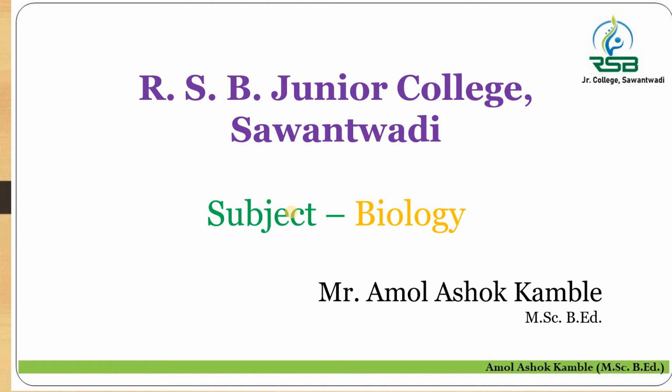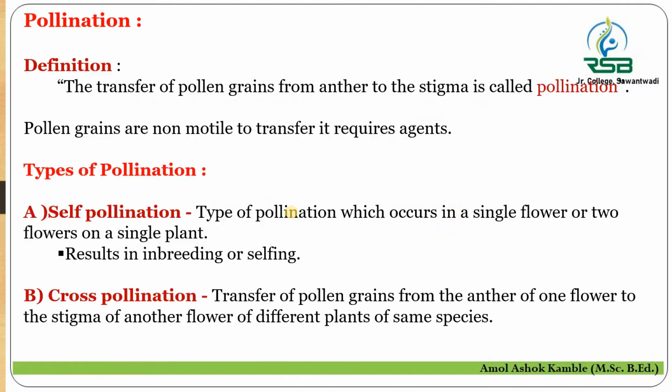These two aspects are very significant to know the process of pollination, because if we consider the definition, two parts are involved, that is the pollen grain and stigma. We know that pollen grain is the male, and stigma is the female reproductive structure.